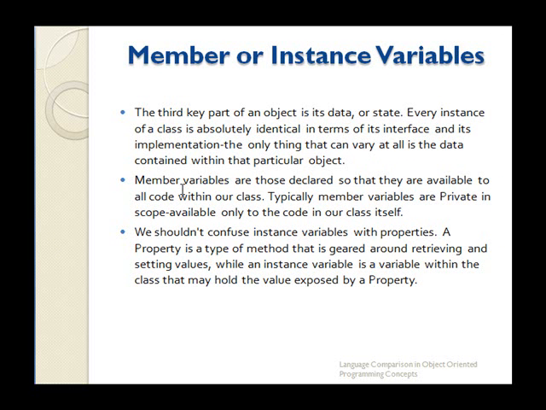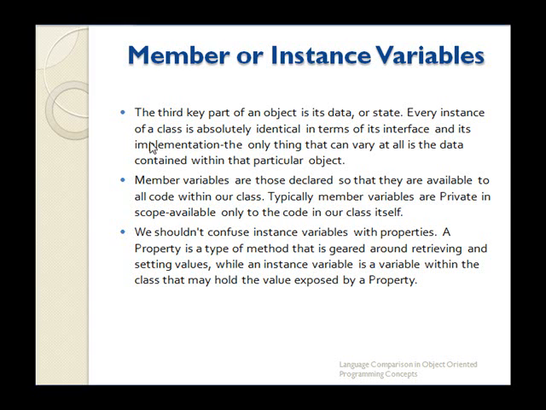Member or instance variables. The third key part of an object is its data or state. Every instance of a class is absolutely identical in terms of its interface and its implementation. The only thing that can vary at all is the data contained within that particular object. Member variables are those declared so that they are available to all code within our class.